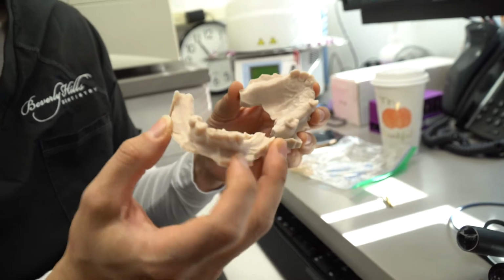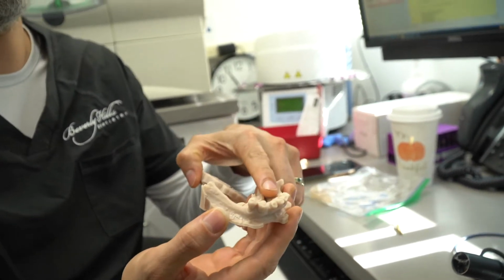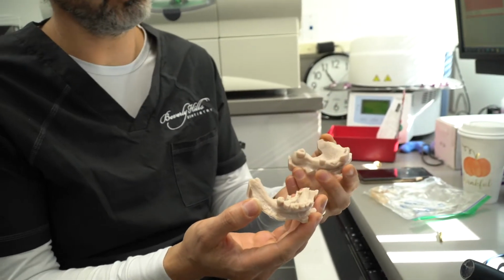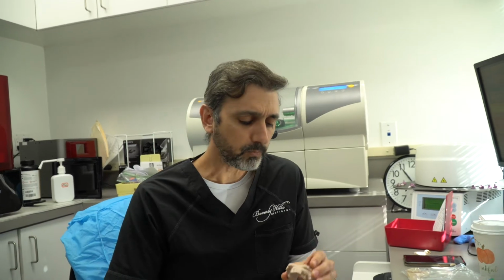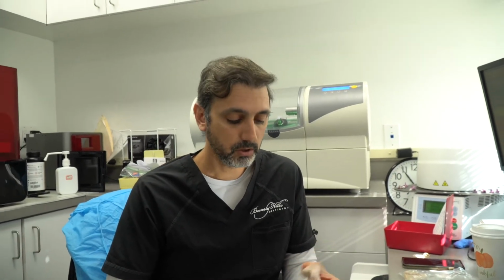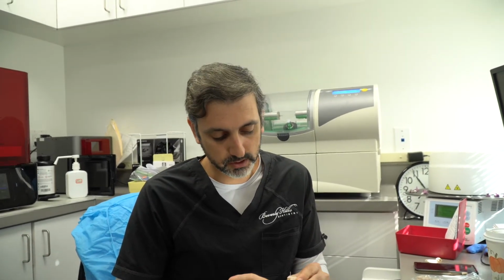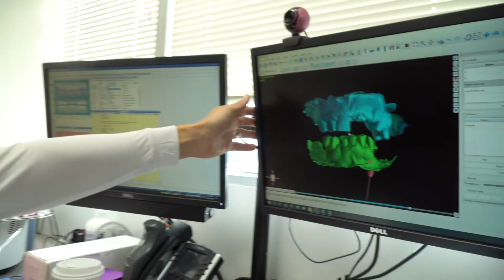She's currently wearing partial dentures, which are fake teeth that snap on to her existing teeth, and she's gotten along okay with them, but is really looking to do something more permanent and taking the opportunity to feel good about her smile and her bite, and to be able to function and chew and not have to worry about her teeth. So where we're at with this is we've digitized her case, which we see here.